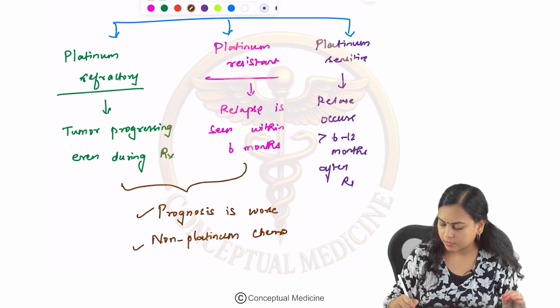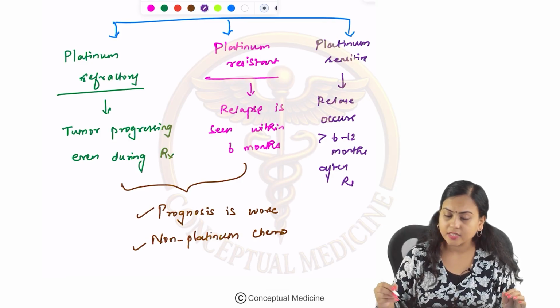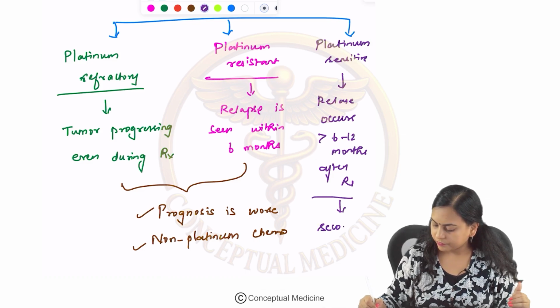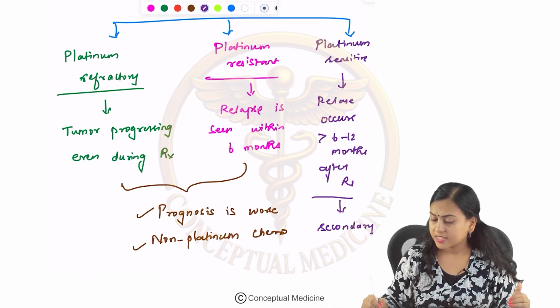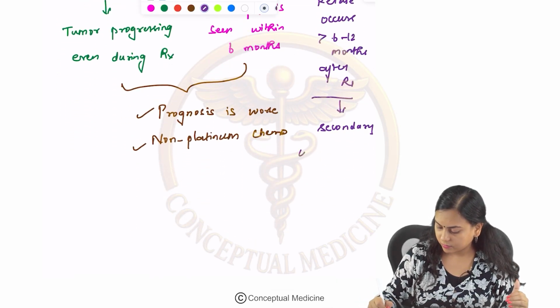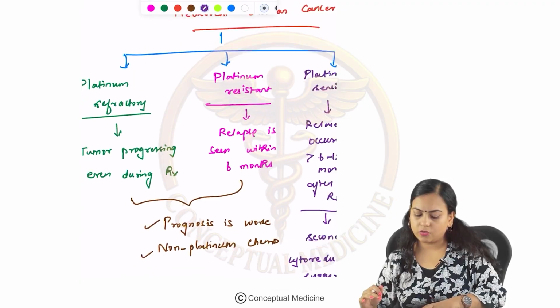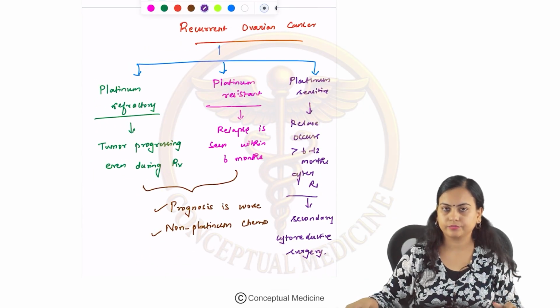Okay, that's it. Whereas for the platinum sensitive type, you can do secondary cytoreductive surgery. Okay, secondary cytoreductive surgery. Clear? So this is all about recurrent ovarian cancer.